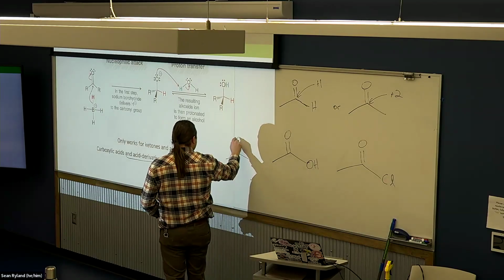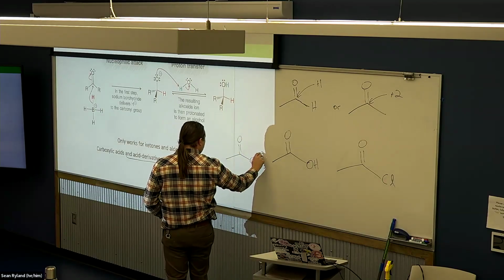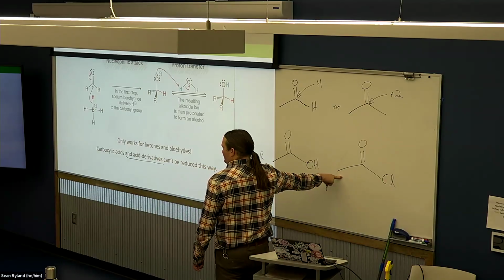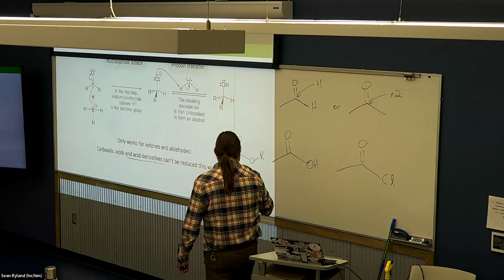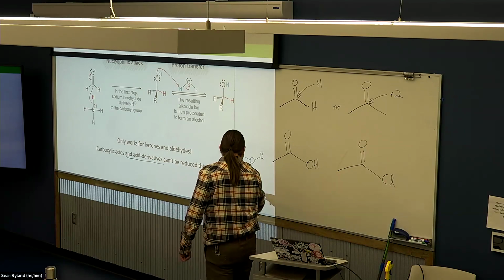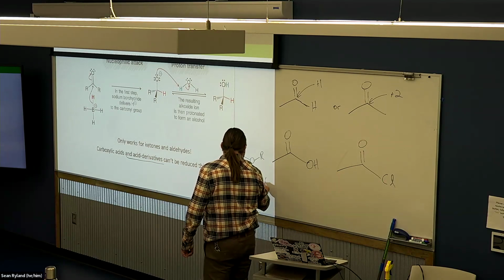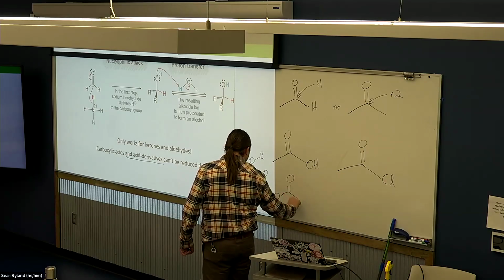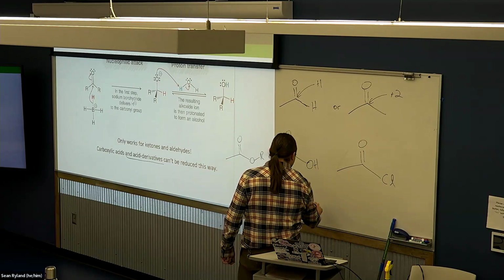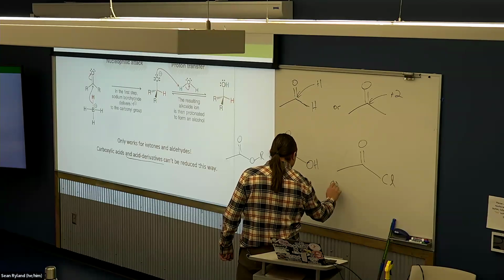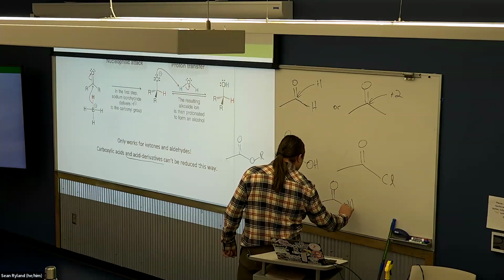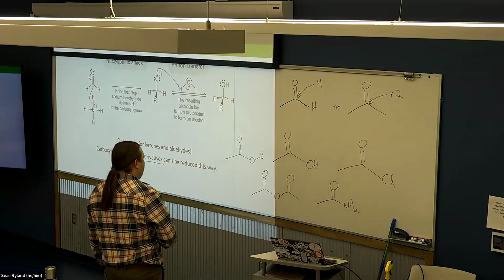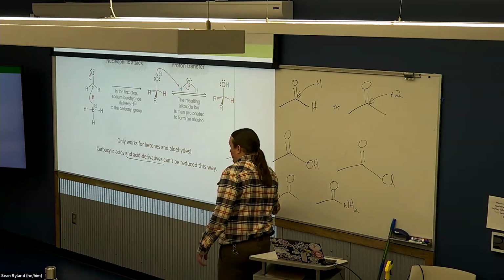For all of the acid derivatives, that means acids, esters, acyl chlorides, acid anhydrides, and amides. So those 6 on the bottom are all acid derivatives. Actually, there's only 5, this is 1 molecule.